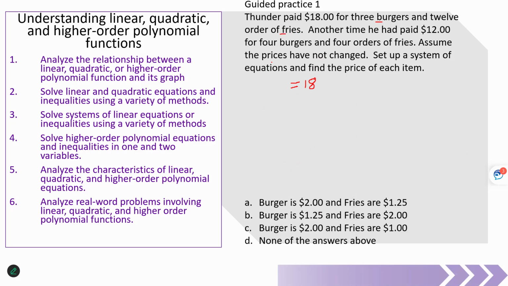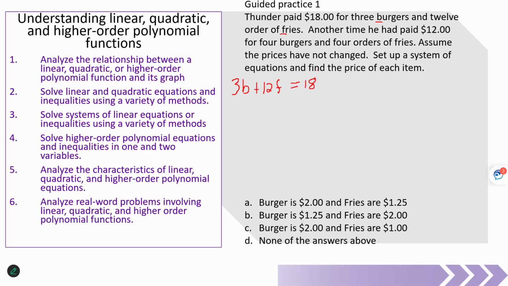Wow, he was hungry. We're feeding a lot of people. So it's given us 2 different variables and a quantity for each. So that's looking like the equation 3 burgers, I'll just use B, plus 12 fries. Okay, and the cost is $18.